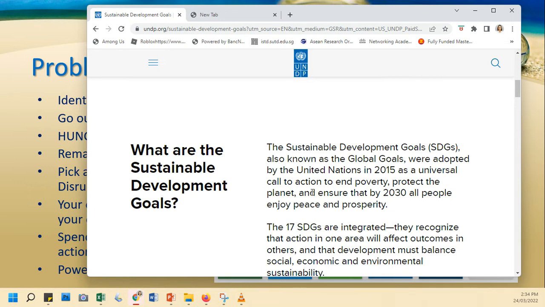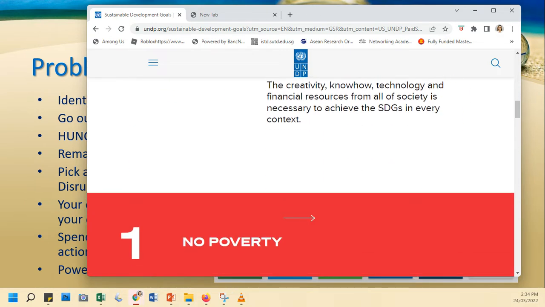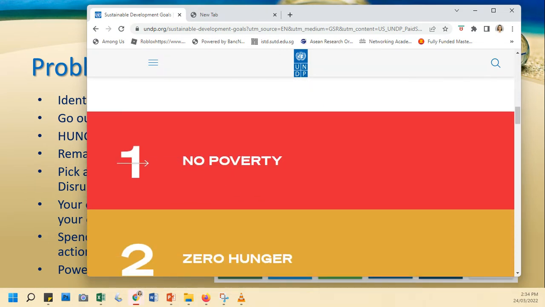All right, so ensure that by 2030 all people enjoy peace and prosperity. So there makita nimo ang first goal nga ginatan-aw sa United Nations nga masolusyonan is the poverty.